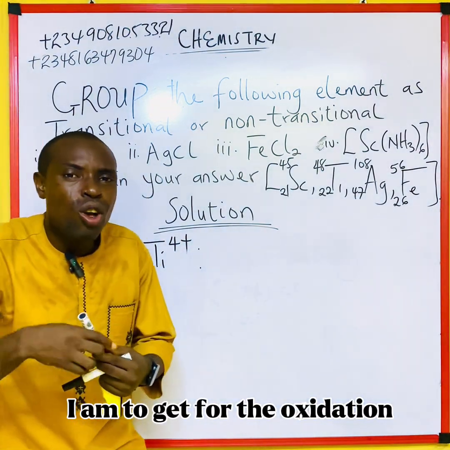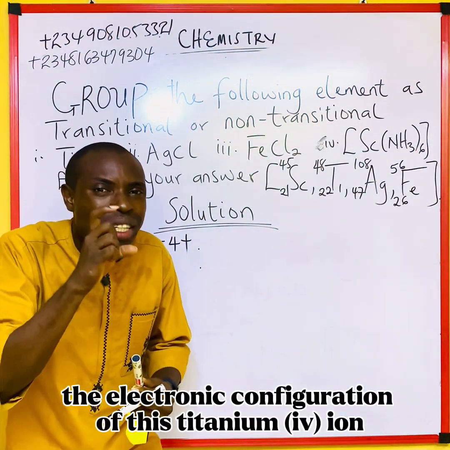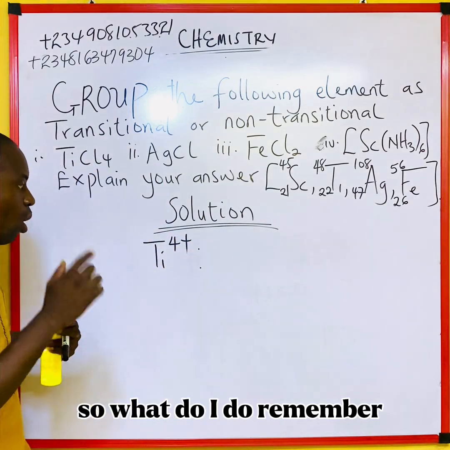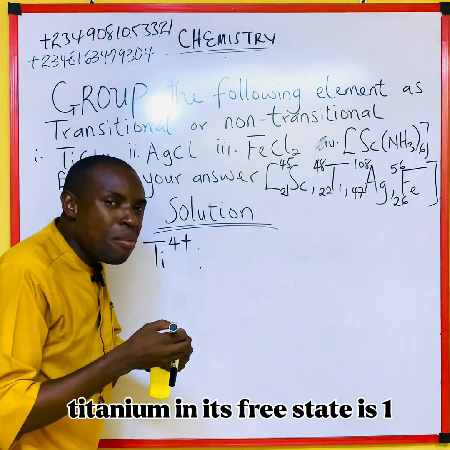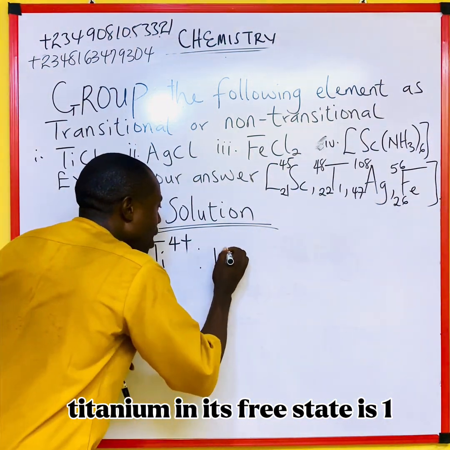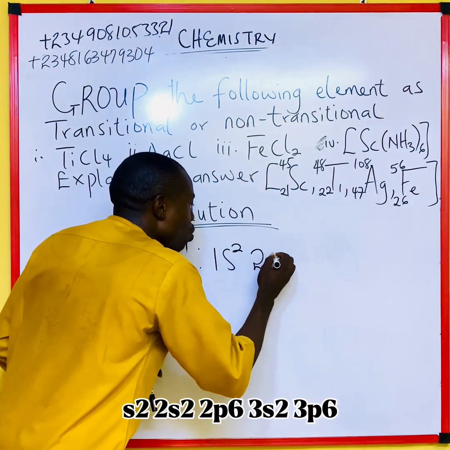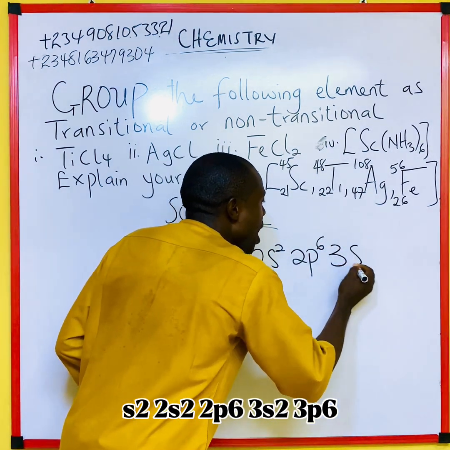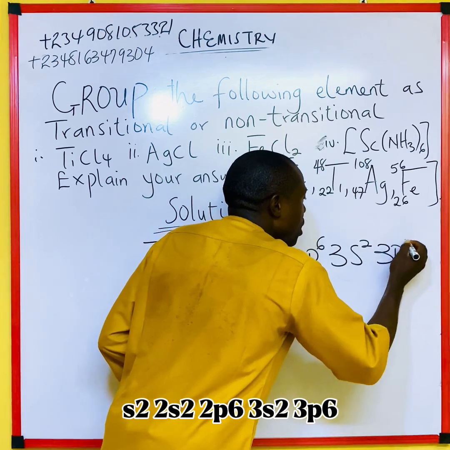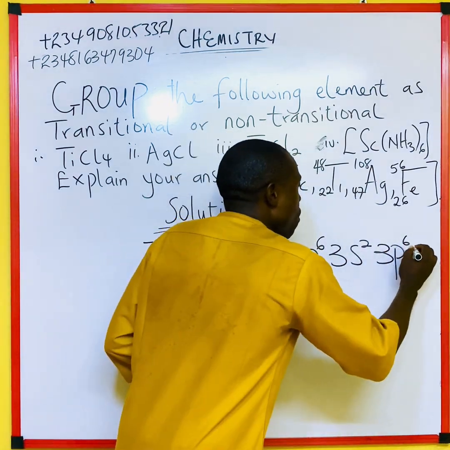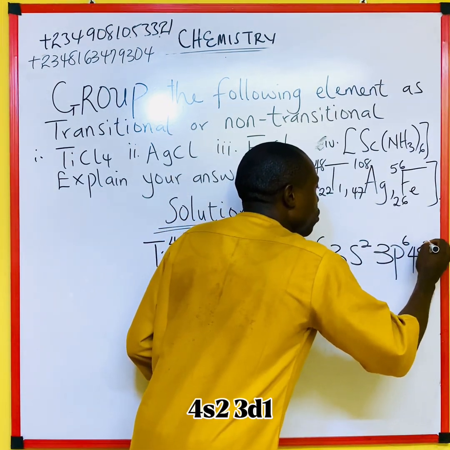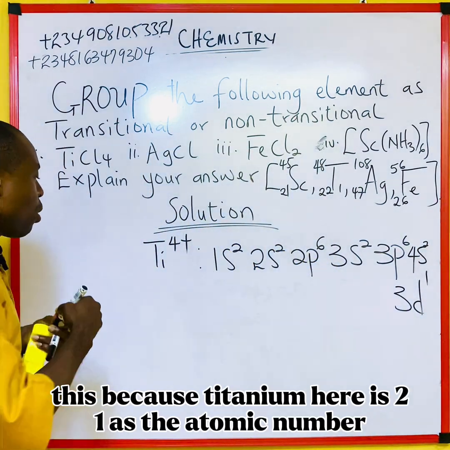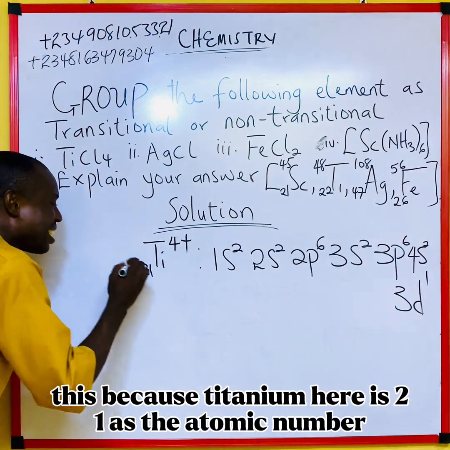Now what do I do next? I am to get the electronic configuration of this titanium 4 ion. Remember, titanium in its free state is 1s2, 2s2, 2p6, 3s2, 3p6, 4s2, 3d1, because titanium here has 21 as the atomic number.